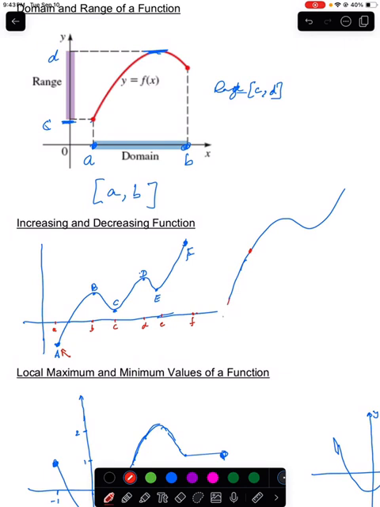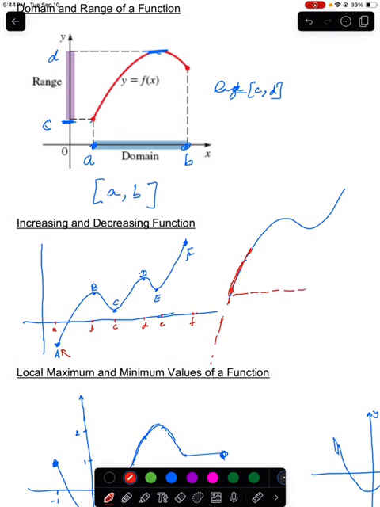Starting at any point, start moving on the graph from left to right. As we move like this, the horizontal distance is being traveled in this direction, which is what we want.